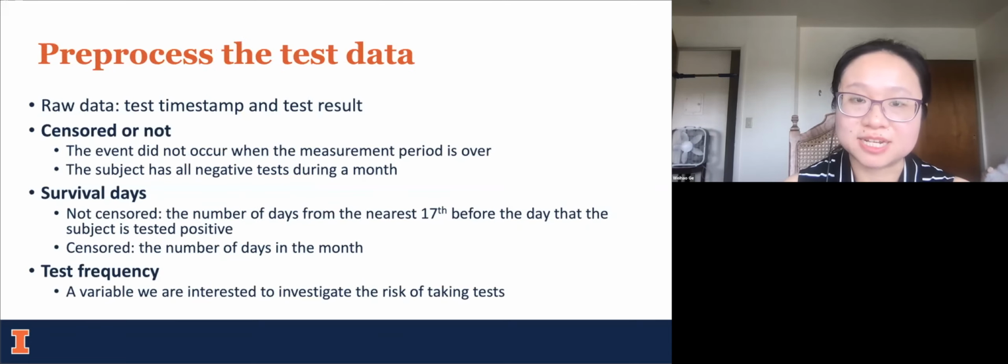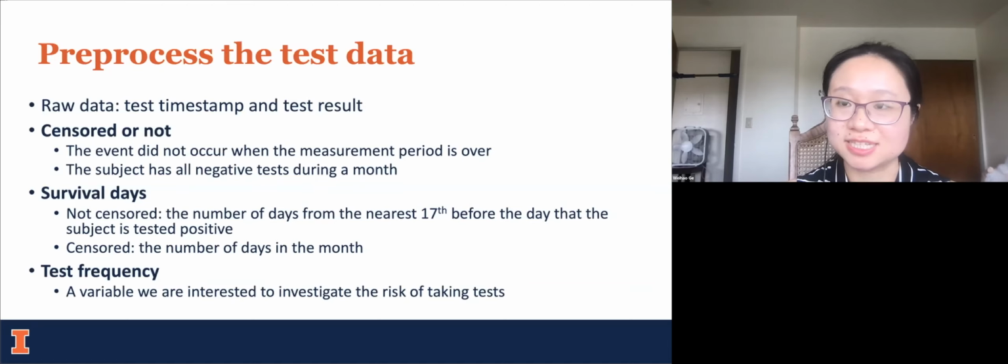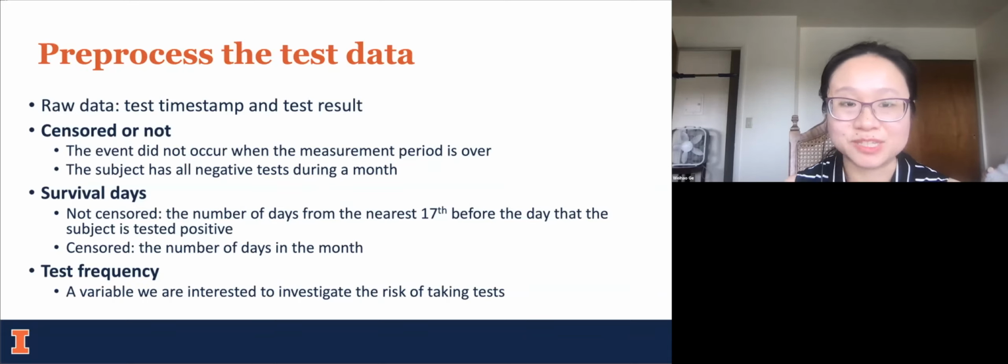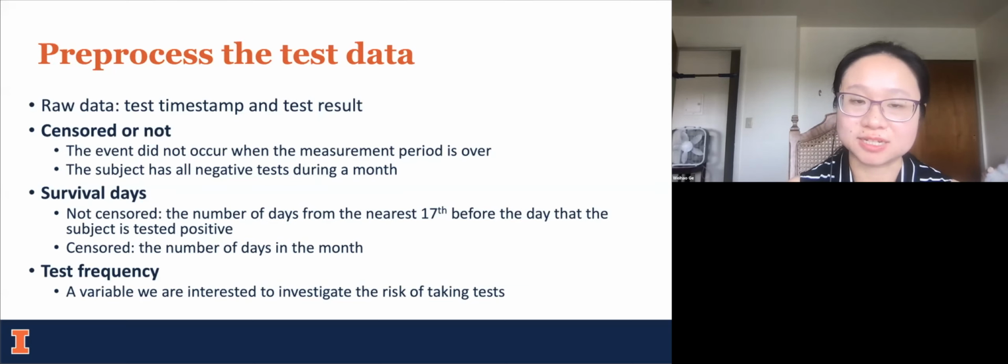So then, based on these assumptions, we start collecting the variables we need to pre-process and reformat the data so that we can put it in the model. First is the test data, where we get the test timestamp and the test result. So that means if a subject takes a test at what time on what day and they got a positive or negative, that will be the result we receive.